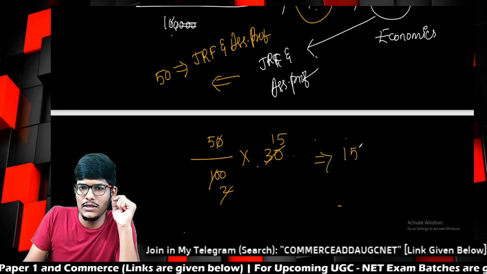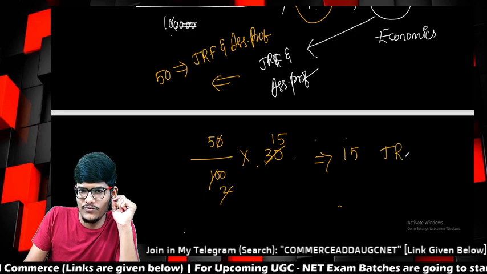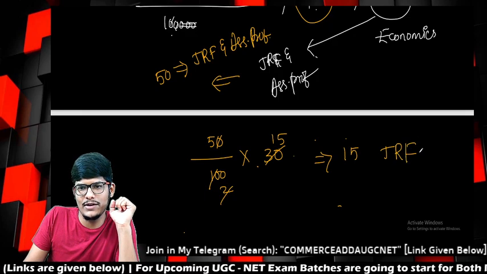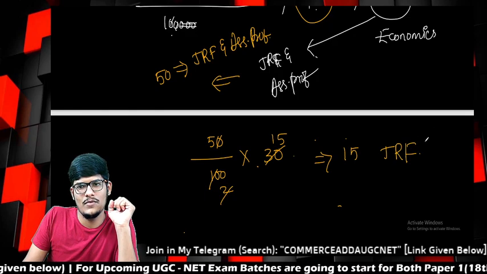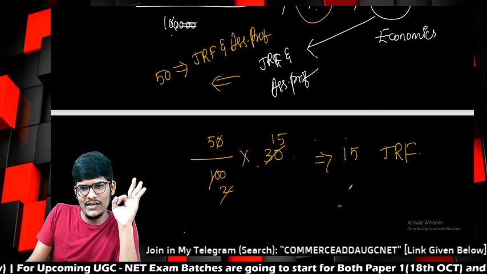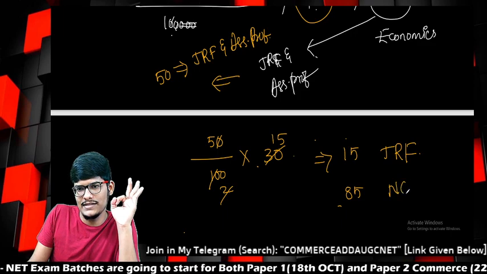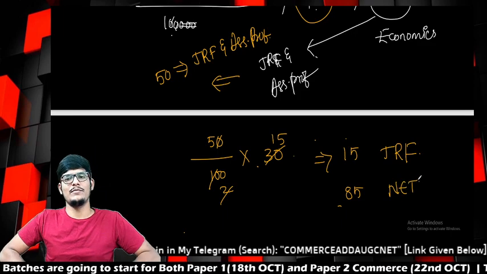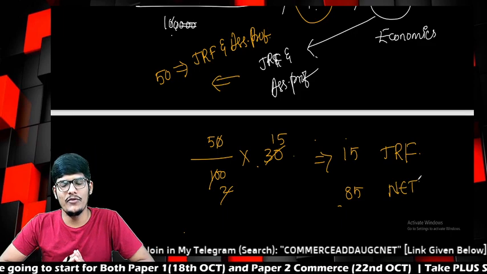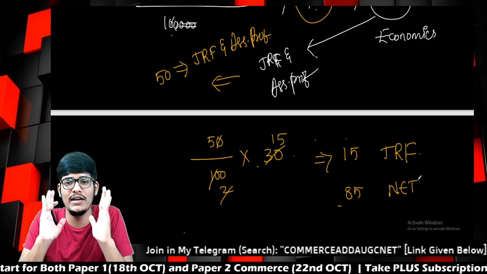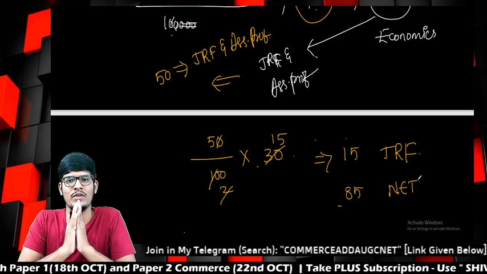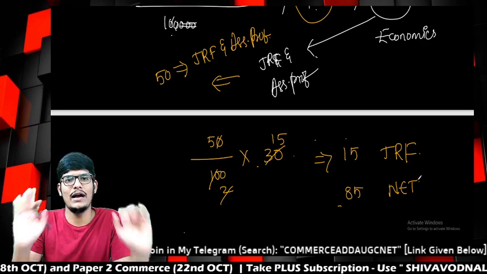Now 2 15s are 30. This is good, right? 15 people are going to get JRF. Now the remaining 100 minus 15, remaining 85 people, they are treated as NET only assistant professor. 15% are going to get JRF and 85% are going to get NET. This is the calculation that you understand.